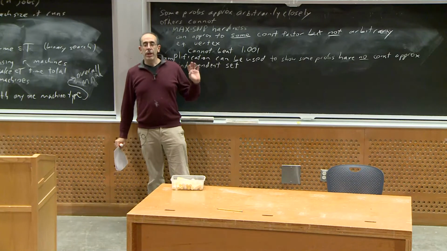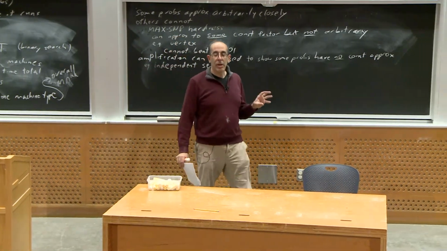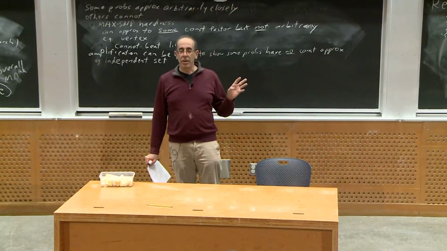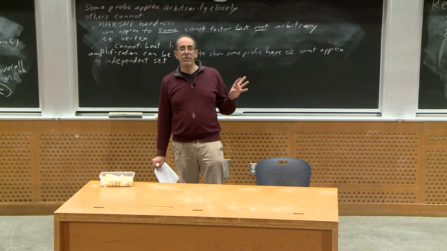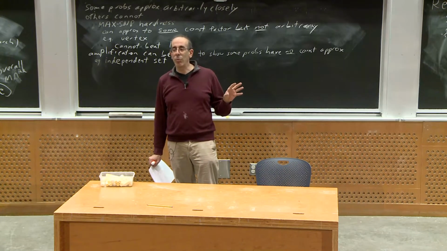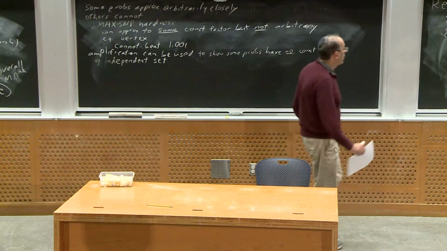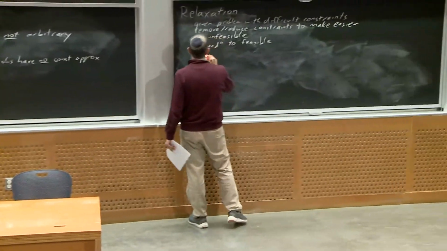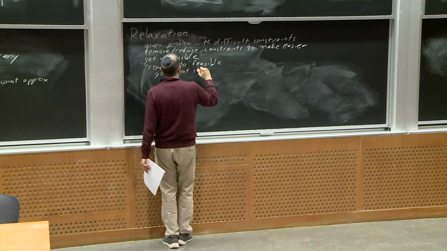In a sense, we remove some of the constraints, but we try to keep enough of them so that the solution to the looser problem, the relaxed problem, gives us guidance about how to home in on a solution to the original problem, right? And so the goal of this rounding is to not change the objective too much.